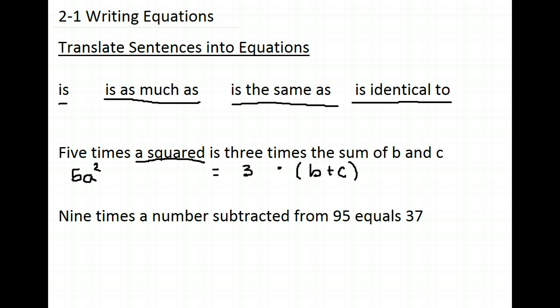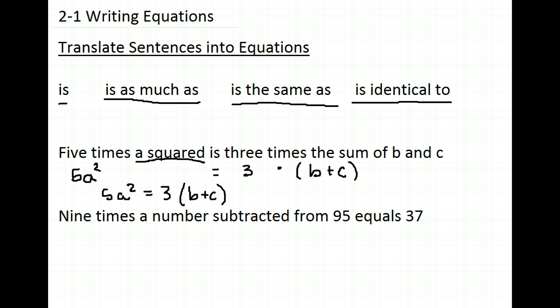So now we have 5a squared equals 3, open paren b plus c close. Being very careful about this, you can see that we have to do what's inside the parentheses first, the sum of b and c, that happens before we multiply it.